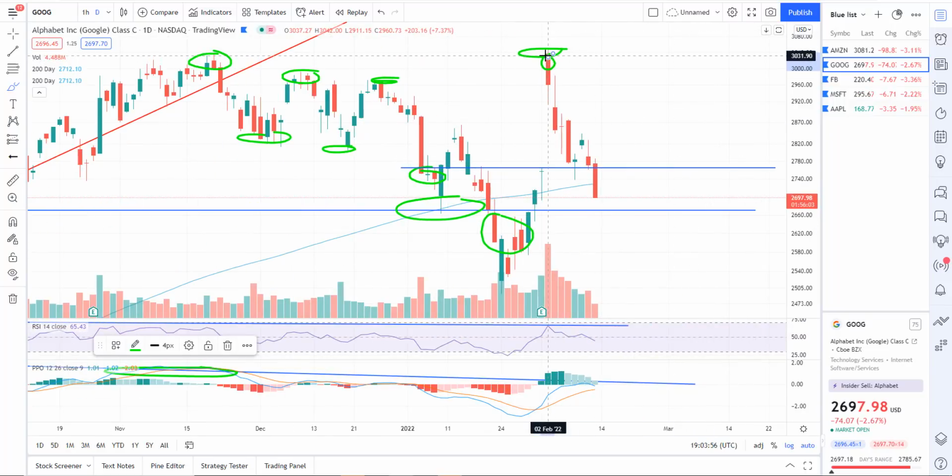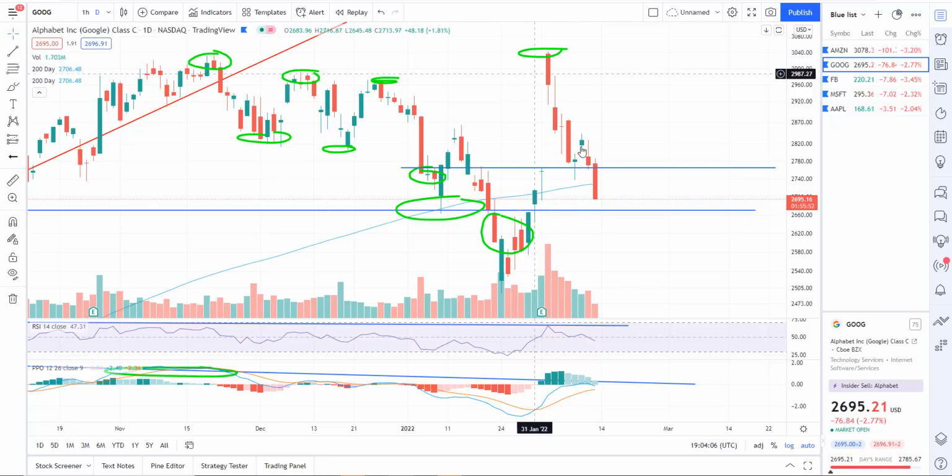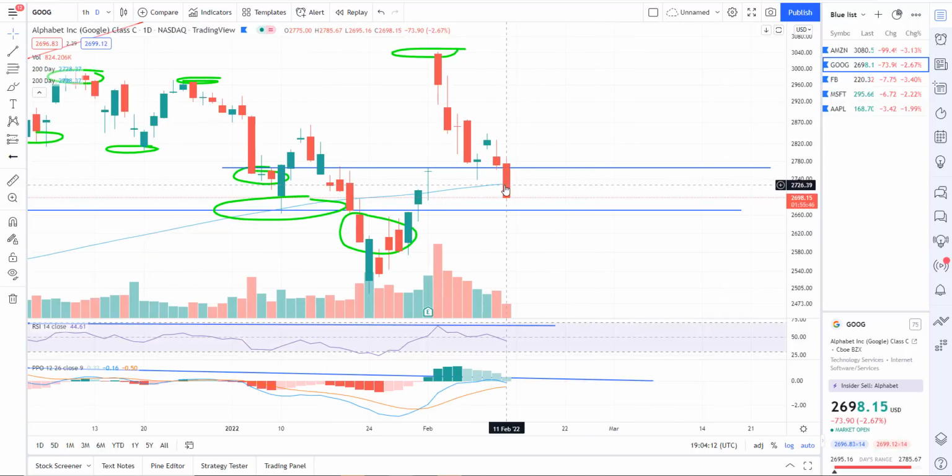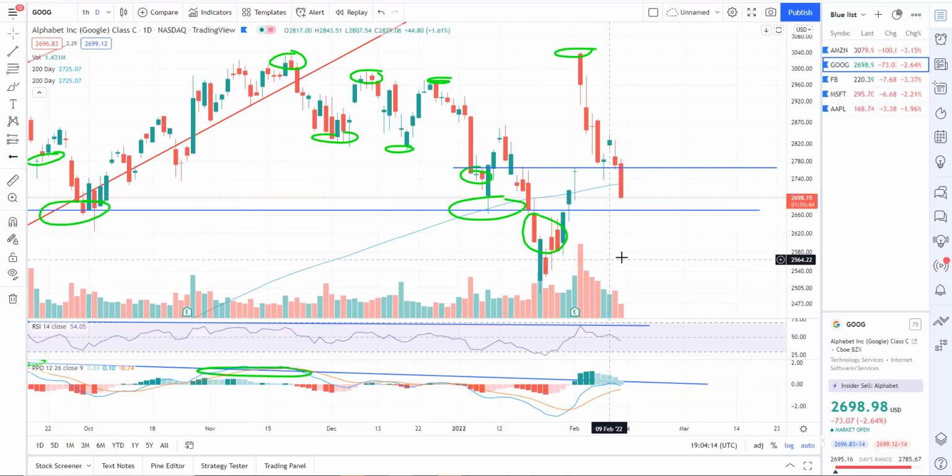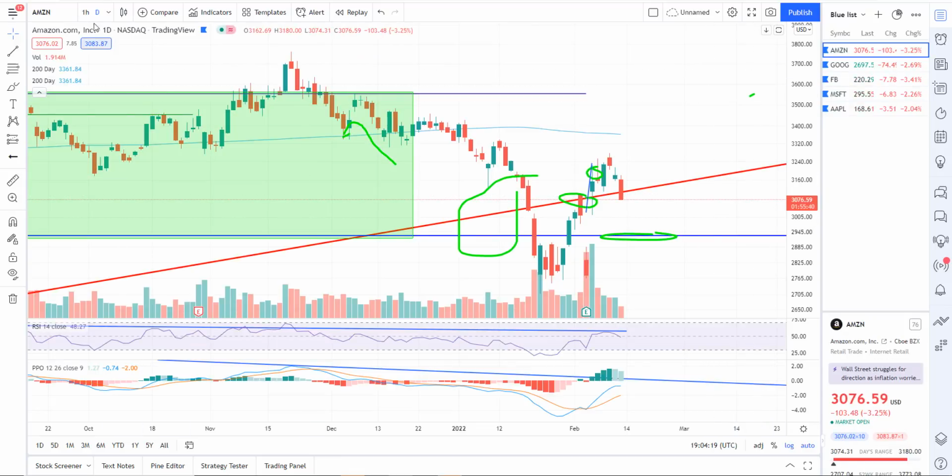It's just nothing but sold into. So smart money was selling into that strength, and obviously dumb money was thinking that Google's going to the moon. It's pretty much given up its entire earnings pop, and we're coming below the 200-day moving average. Just weakness across the board in this chart. Flipping over to Amazon.